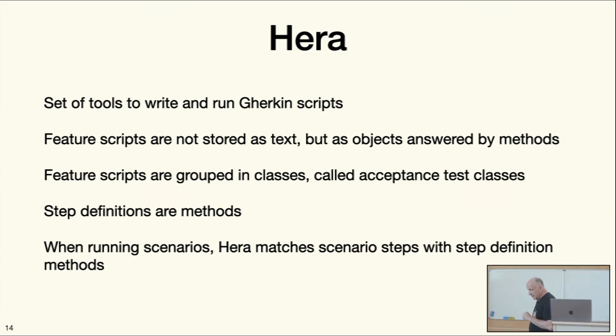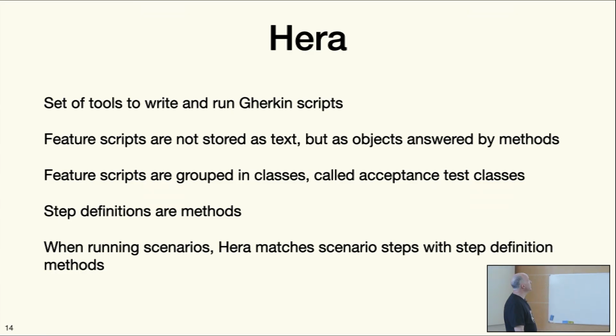That means that we have what I call feature methods. And those feature methods are put on classes, and in Hera it's called an acceptance test class. And then you have your step definitions, of course, and they map on Smalltalk methods.